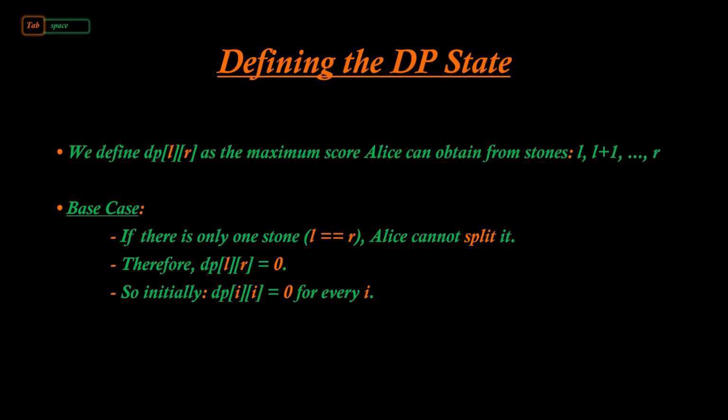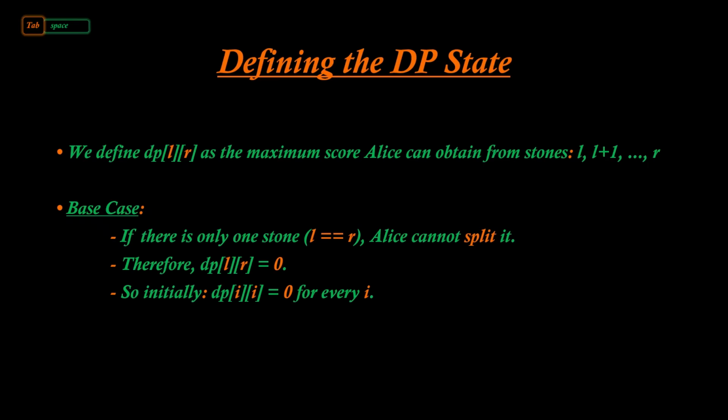Let's formally define our state. dp[L][R] represents the maximum score Alice can obtain from the subarray starting at index L and ending at index R. For example, dp[1][4] represents the optimal score Alice can achieve when the current stones are stone value 1 through stone value 4.